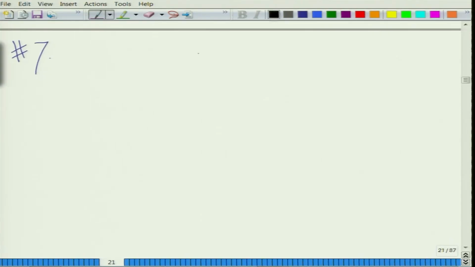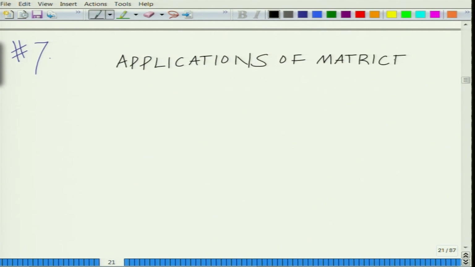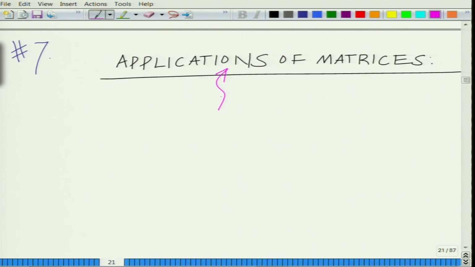So, let us look at a broad class of applications of matrices where we use the matrix inverse, specifically where we want to use the concept of the matrix inverse that we have just learnt.